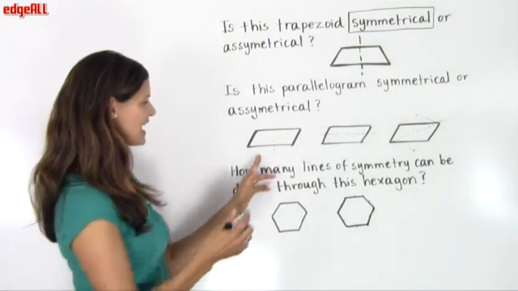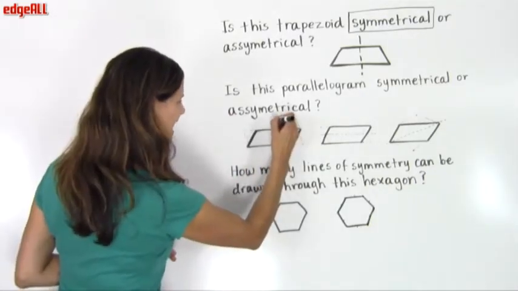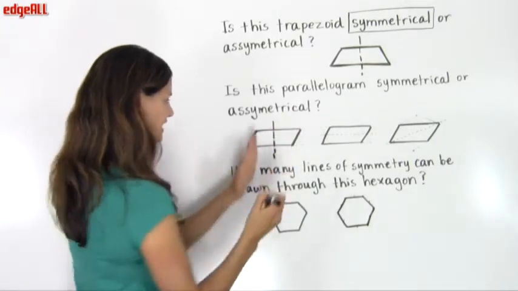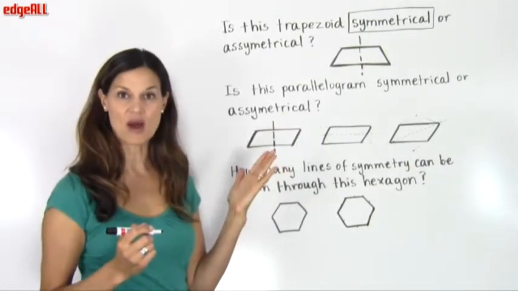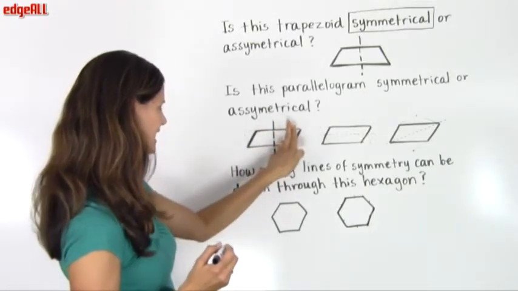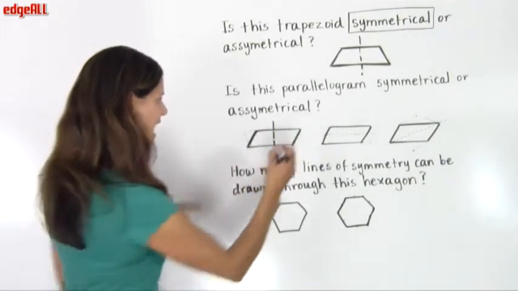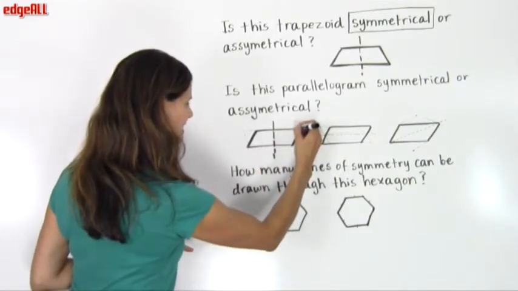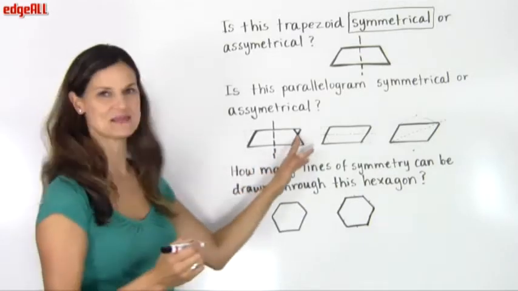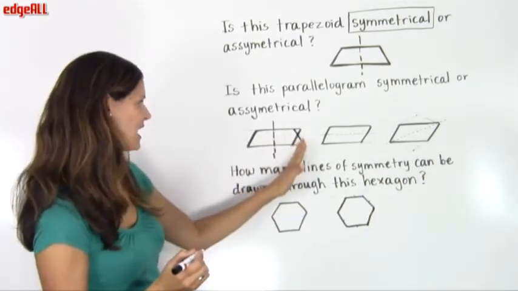So I can begin by drawing a line down the center of my parallelogram vertically and try to see what would happen if I then take this shape and reflect it across the line this way. I would end up with kind of a shape like this coming over, which doesn't match my other shape.